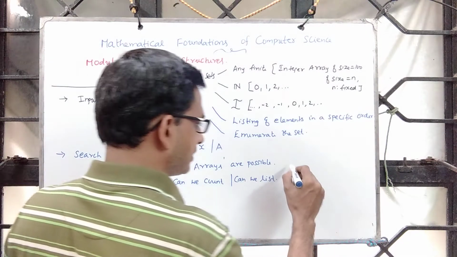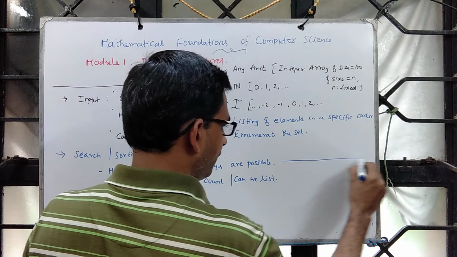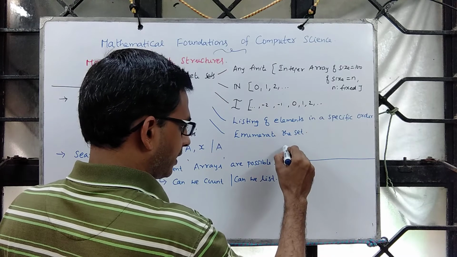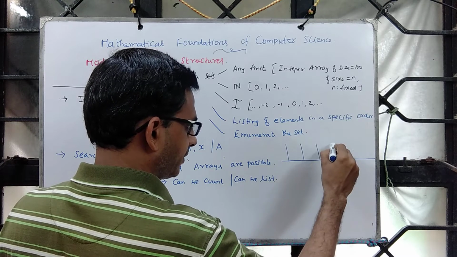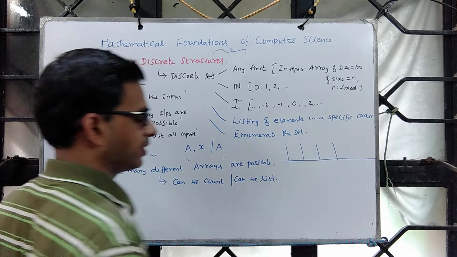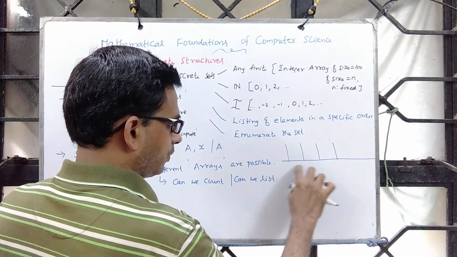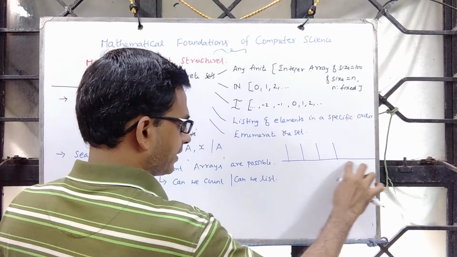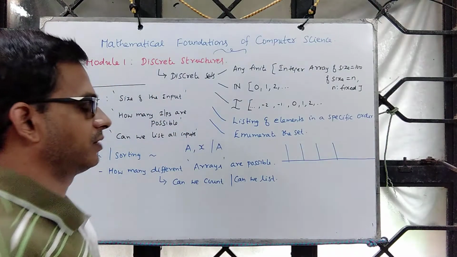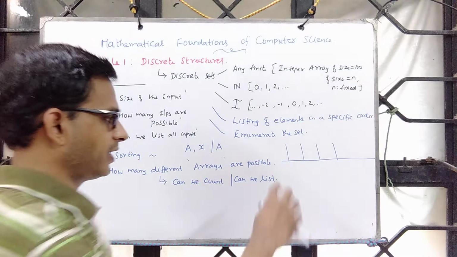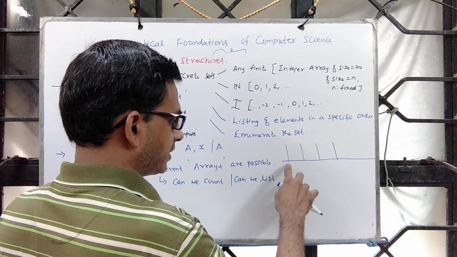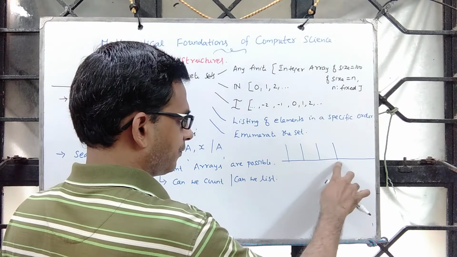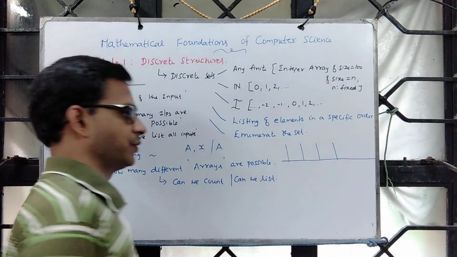So in some sense, if you look at this line, this is my first element, this is my second element, this is my third element, fourth element, and so on. And there are no elements in between. Which is why if you look at this as a real line, discrete set focuses on 1, 2, 3, 4, 5, 6, and so on.